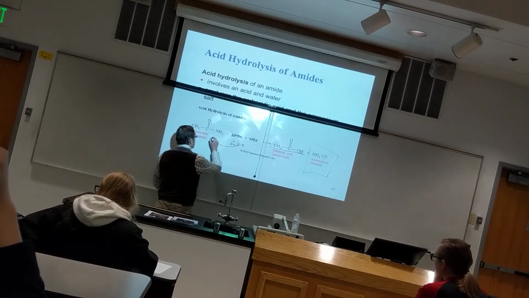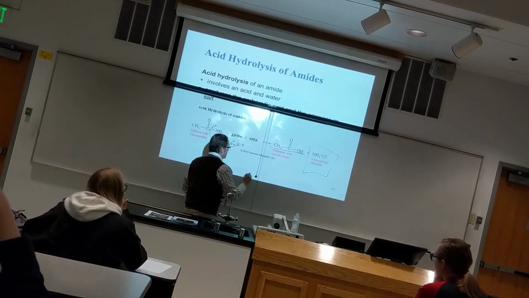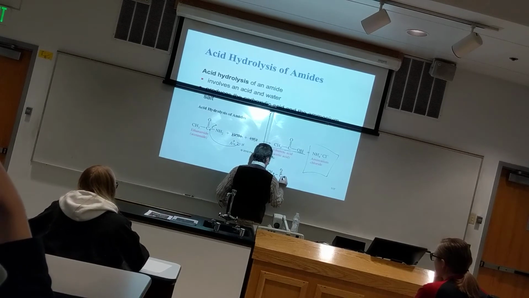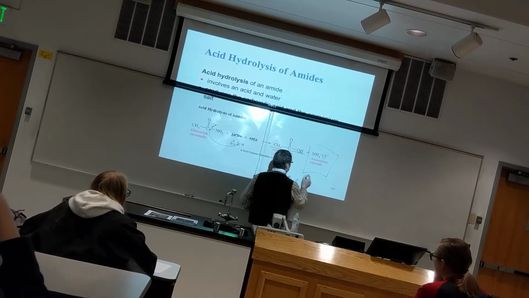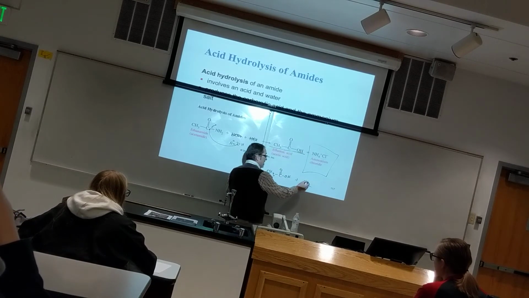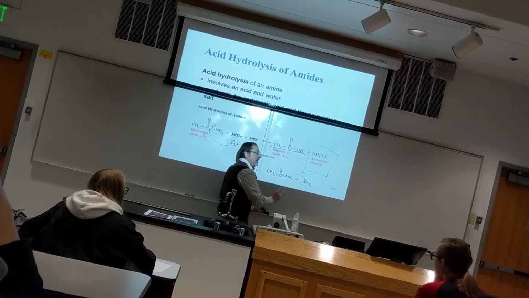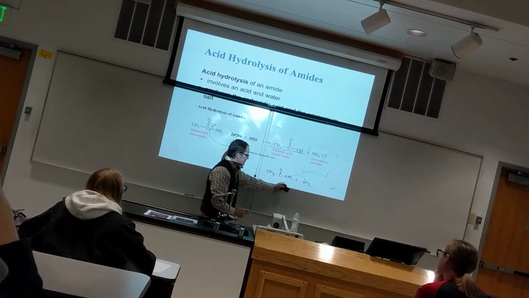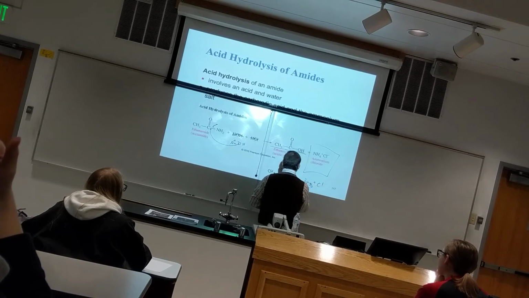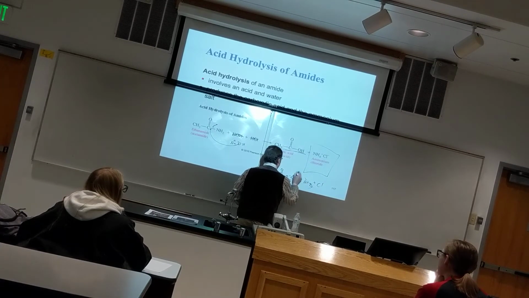So this will come in here and kick that out, which means then I have CH3, C double bond O, OH, plus NH2. And this NH2 will actually pick up that hydrogen there because it's acidic and form the NH3 plus Cl, but that would then be the salt here.